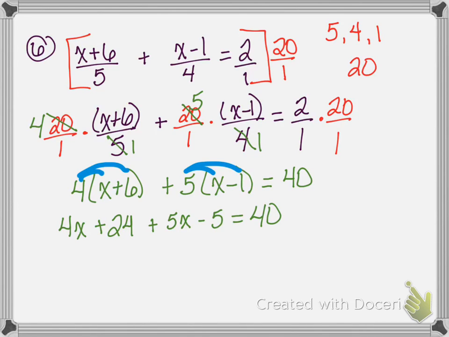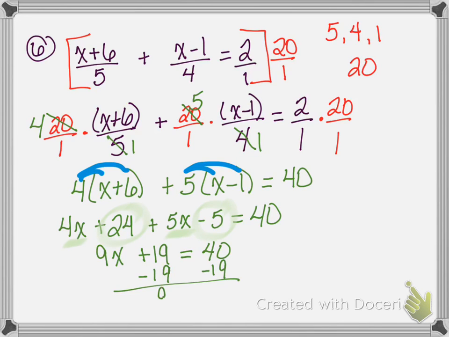Okay? 4x and 5x is going to be 9x. Then I have 24 and negative 5. That's going to be 19. Good job. Okay. My next step is to subtract 19. I'm left with 9x equals 21.